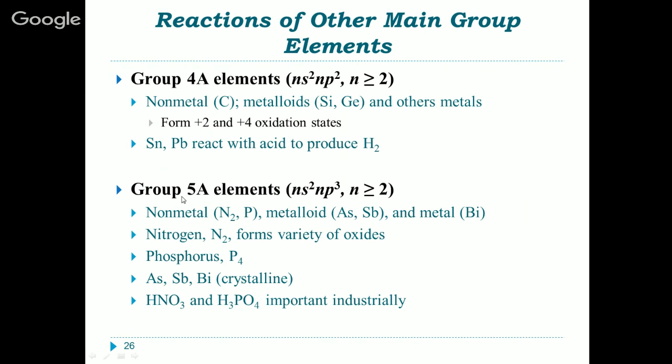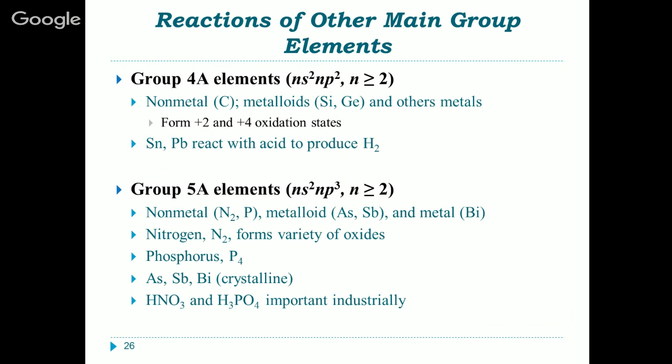Group 5. So nonmetals are nitrogen and phosphorus. Notice nitrogen is diatomic. So it can exist in its elemental state, as well as carbon and silicon and germanium. So group 1 metals will never exist alone. Group 2 metals can exist alone.